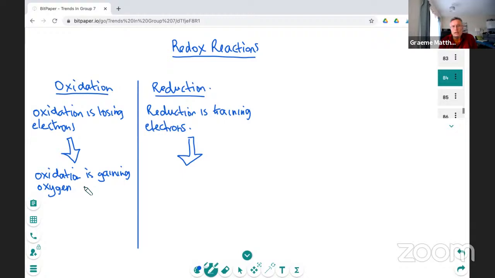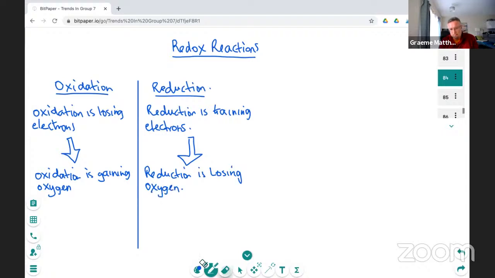Also, if you're doing alkanes and looking at the oxidation of carbon and nitrogen, or the energetics module, it could be handy. So oxidation is gaining oxygen, and obviously reduction is losing oxygen. So far not too bad, just a couple of definitions.